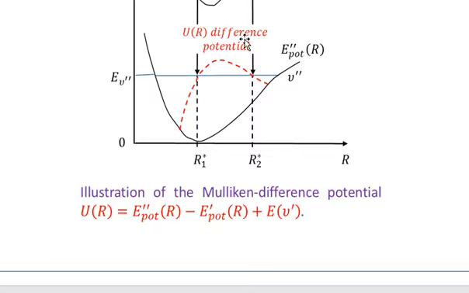So you see that this difference of potential intersects the horizontal vibrational level, which is the V double prime level, and the energy corresponding to this one is E of V double prime. So the red curve, that is the Mulliken difference potential, intersects this vibrational level at two points corresponding to R1 star and R2 star.